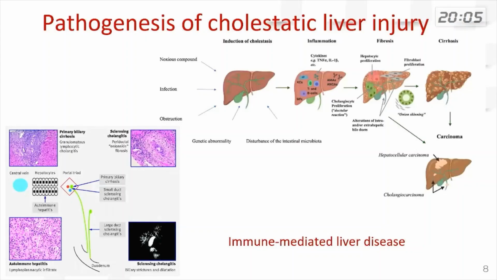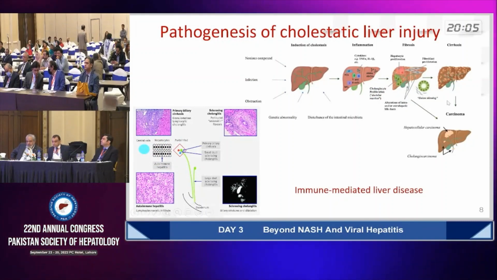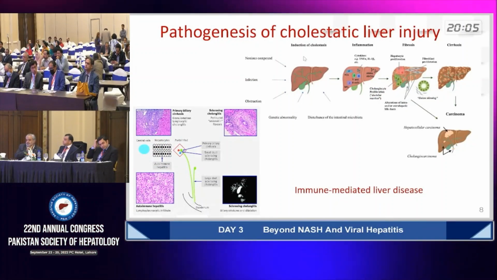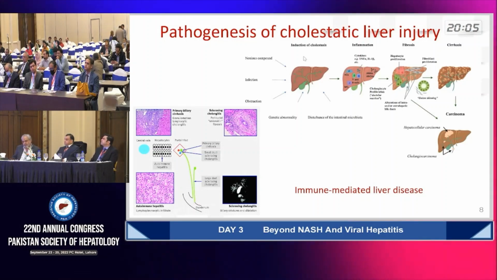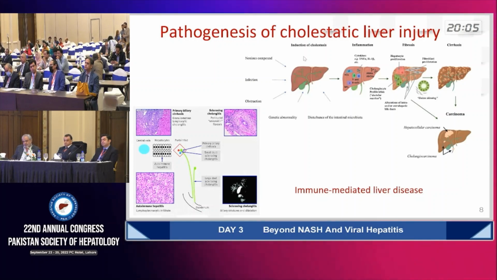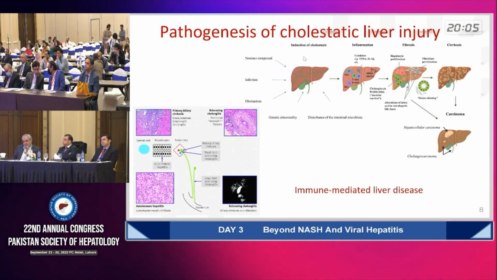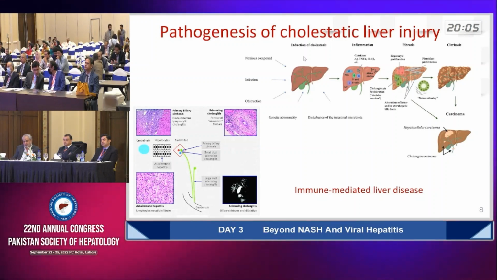When we talk about the pathogenesis, we know that there's an underlying immune-mediated liver injury, and all these spectrum of diseases tend to share a common pathway, which progresses through the same pathophysiology of inflammation and fibrosis after an induction of cholestasis, which can be triggered by several factors: infectious, environmental, underlying genetic abnormalities, or even disturbance of the intestinal microbiota.